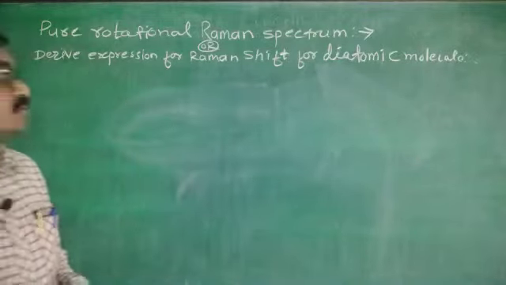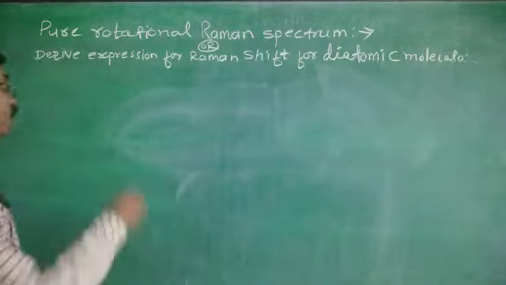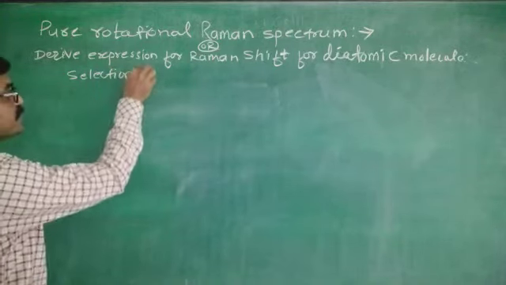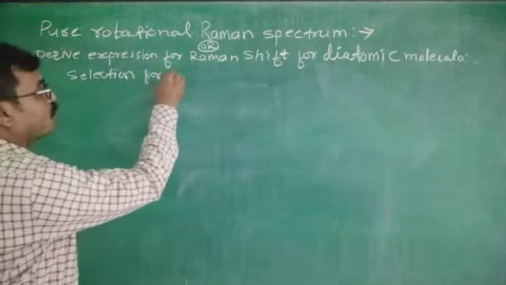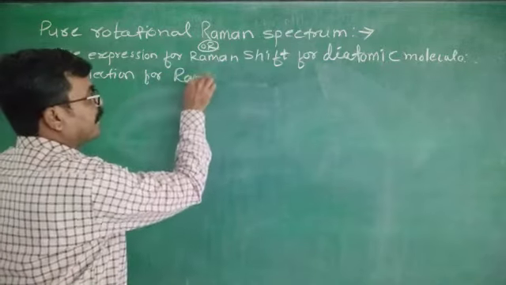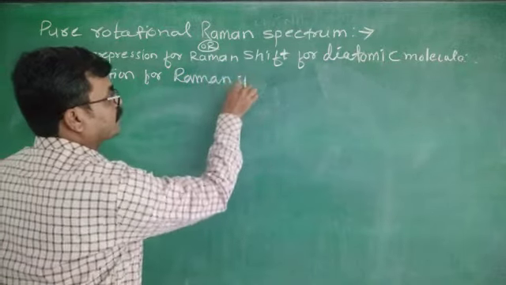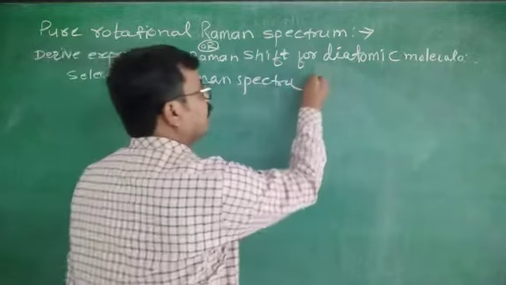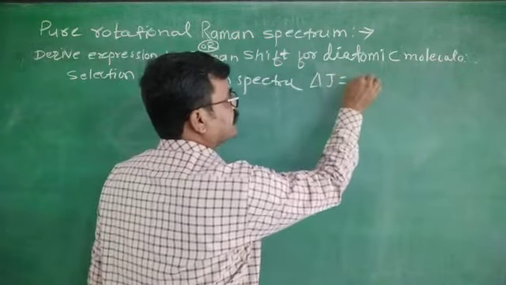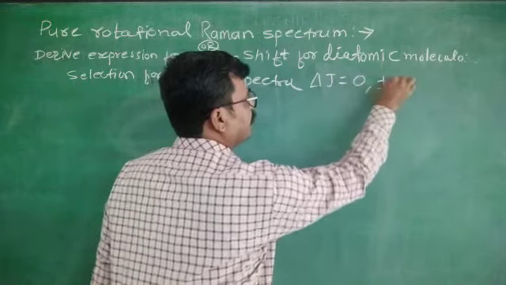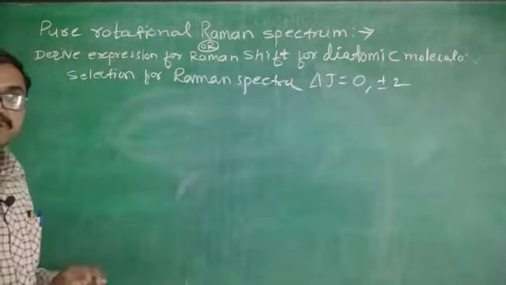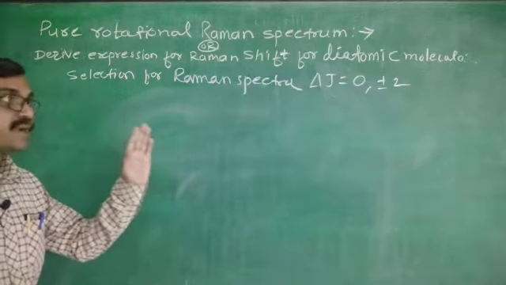Now the selection rule for Raman spectra, particularly for pure rotational spectra, is delta J equals 0 and plus minus 2. Are you getting clear? What is the selection rule for pure rotational Raman spectra?